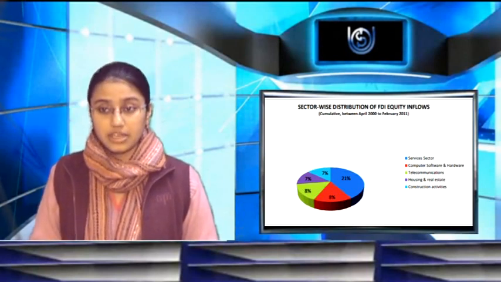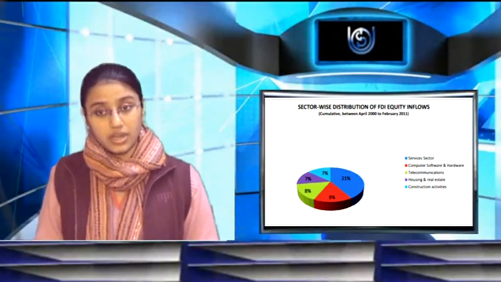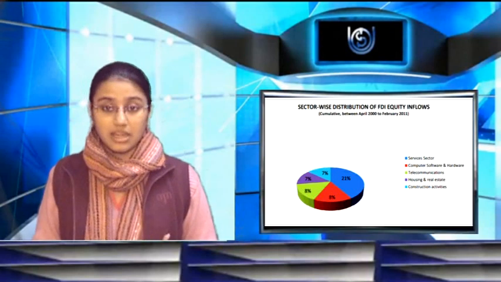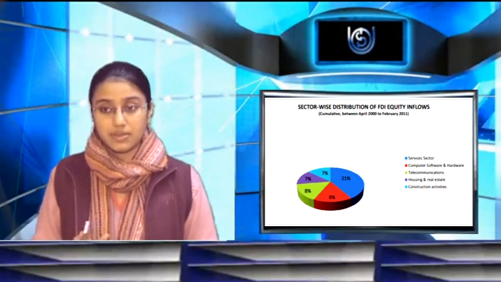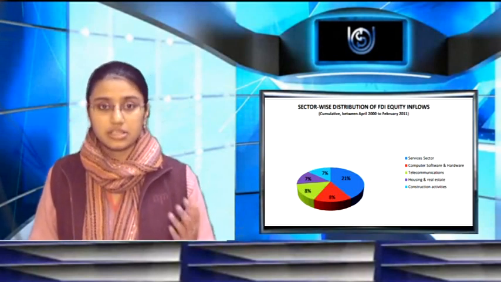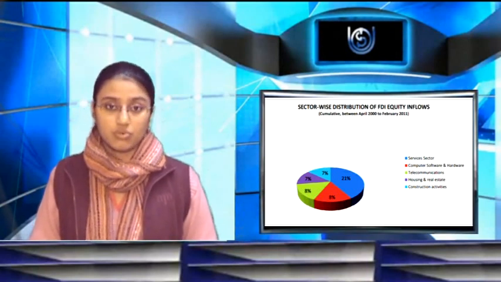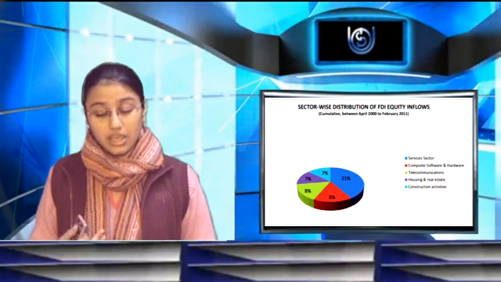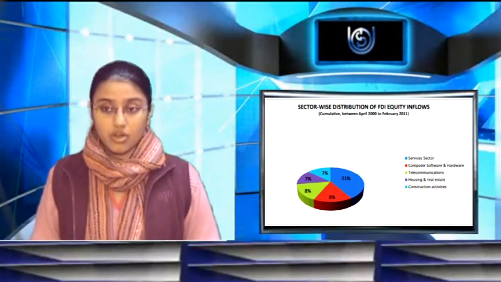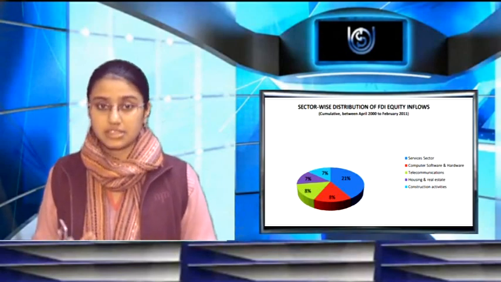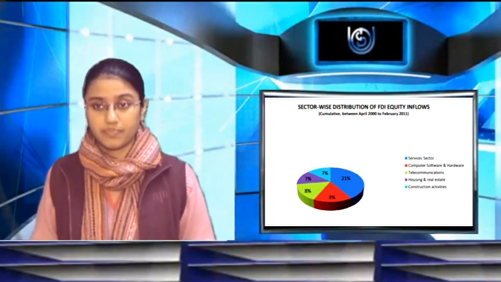The same, 8%, with computer software and hardware and telecommunications. 7% was given by housing and constructive activity, and 21% is given by the service sector. So this is the sector-wise distribution of FDI equity inflow. Every FDI earning economy was required to consider how we are able to generate sector-wise FDI.